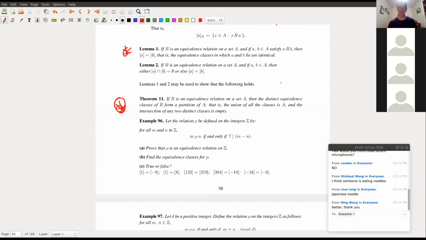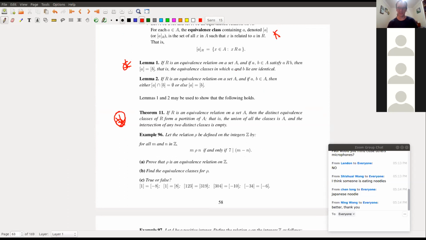So what we've got here: the equivalence classes of R form a partition of A. I might have skipped the lemmas. Yeah, no, that's sort of useless. It's just saying the equivalence class of a is the equivalence class of b if they're in a relation, and otherwise their intersection is empty. So that's how you build up this form of partition. The equivalence classes form a partition of A.